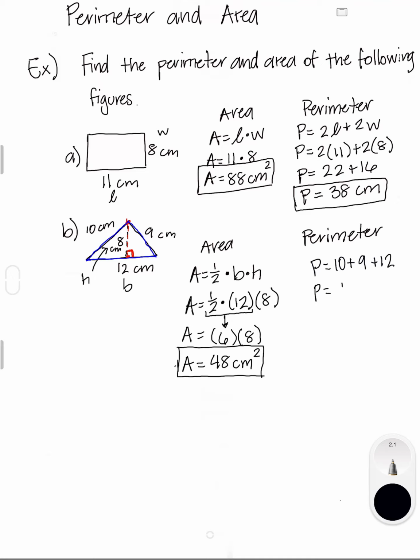So P in this case will be 10 plus 9, which is 19, plus 12. So P equals 31, and then this is going to be centimeters. Okay? And that's how you find the perimeter and area of these two figures.